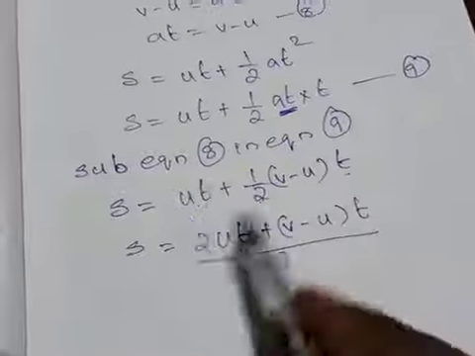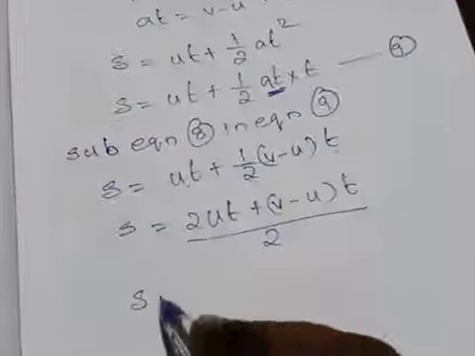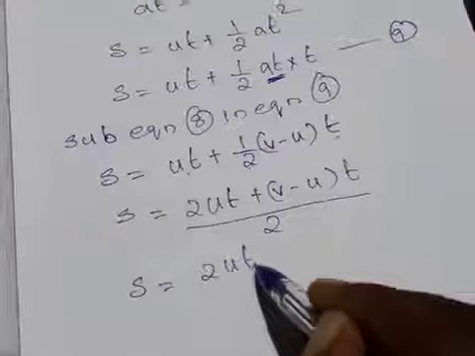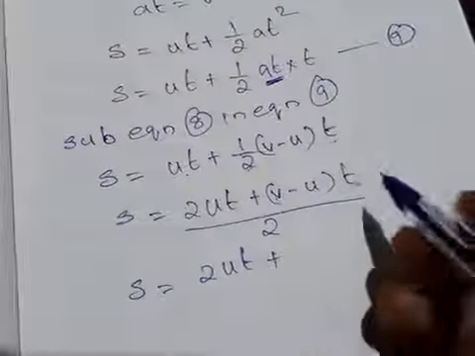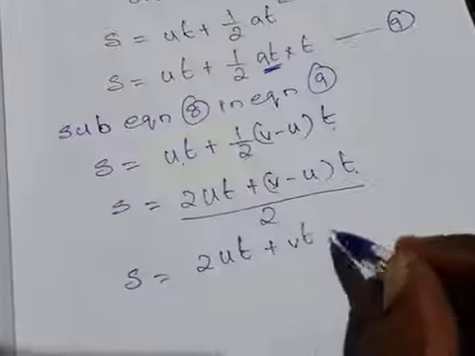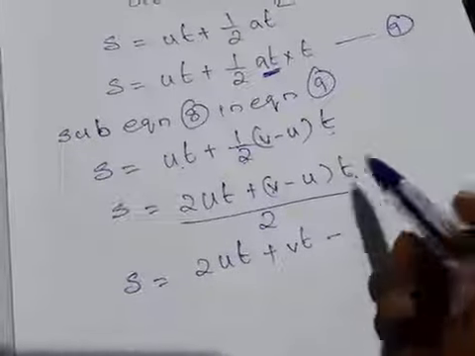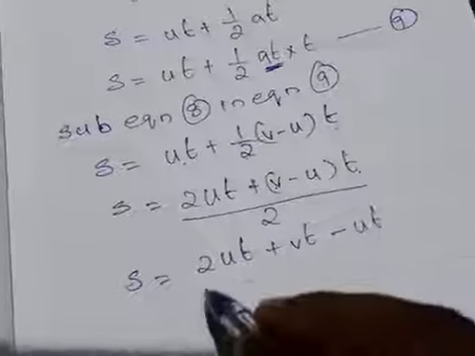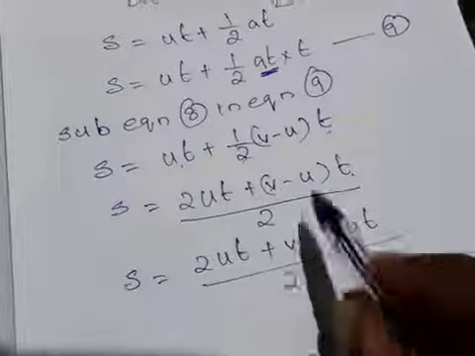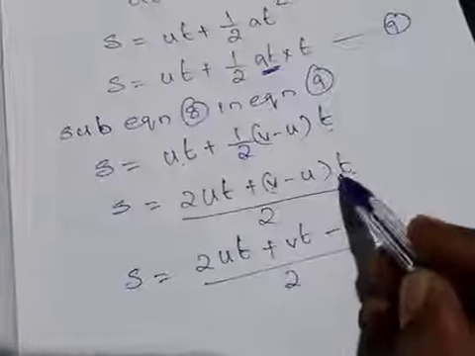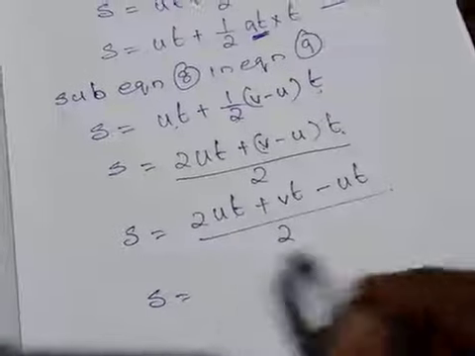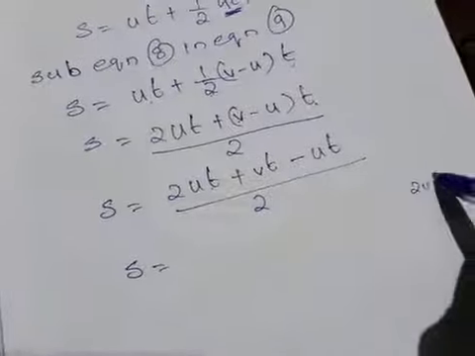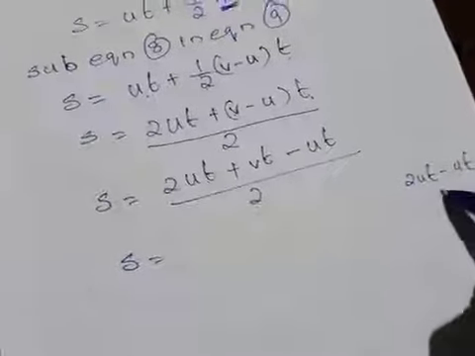So here 2 came. Next step, S is equal to 2ut plus v into t, vt minus u into t, ut by 2. Removing the bracket, I am multiplying with the t. So S is equal to 2ut minus ut. So 2ut minus ut is what?